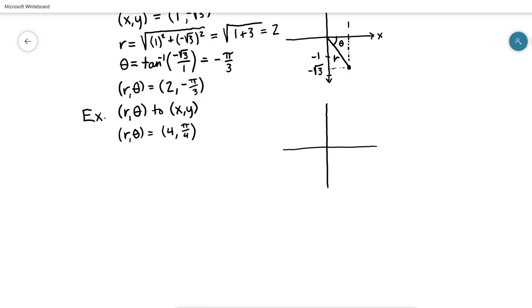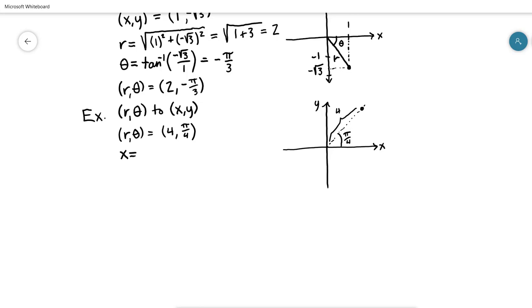So pi over 4, that's off in this direction. We're going a distance of 4, so there's my pi over 4, there's my 4. This is x. This is y. There's my point. It's clearly going to be somewhere in the first quadrant, and it's easy enough to compute.